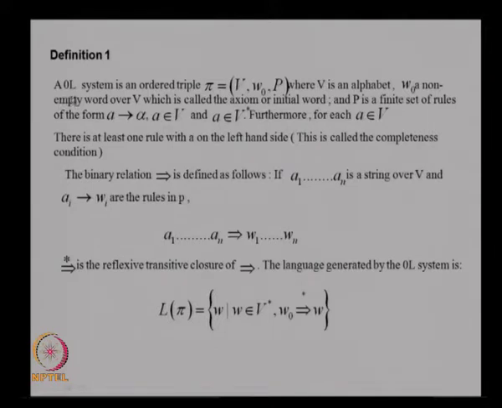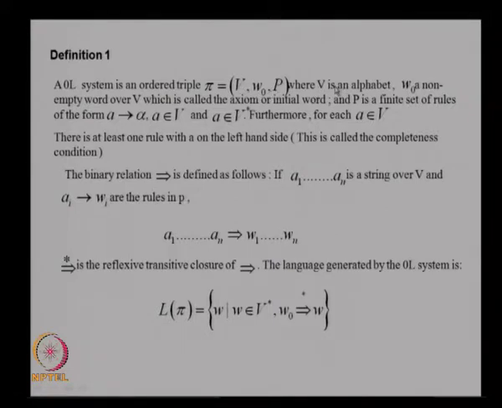A 0L system, 0 denotes without interaction. A 0L is not OL, it is 0L. A 0L system is an ordered triple (V, W naught, P), where V is the alphabet.